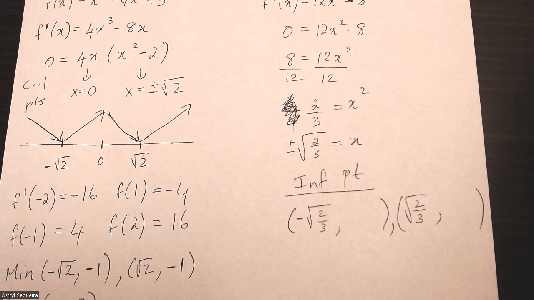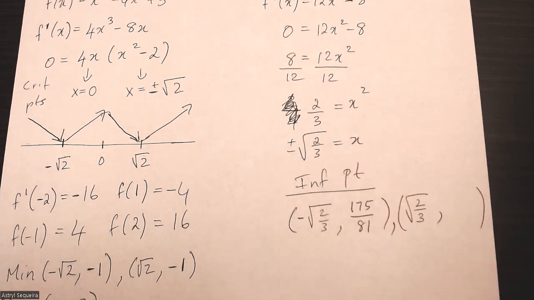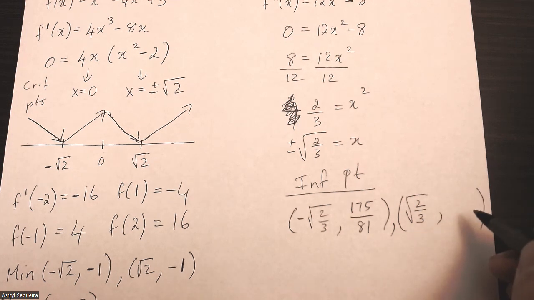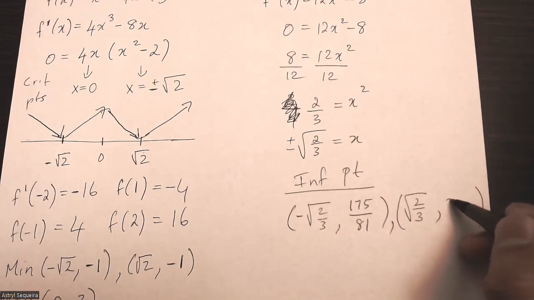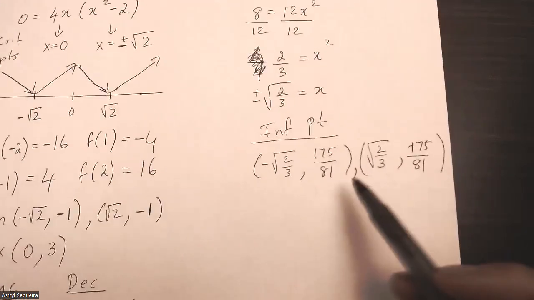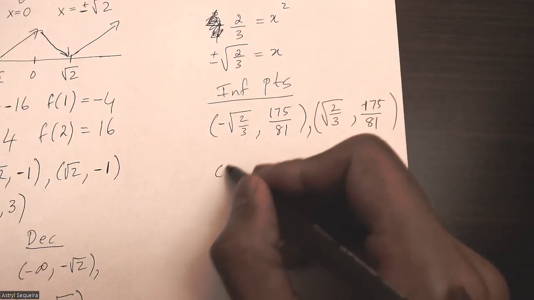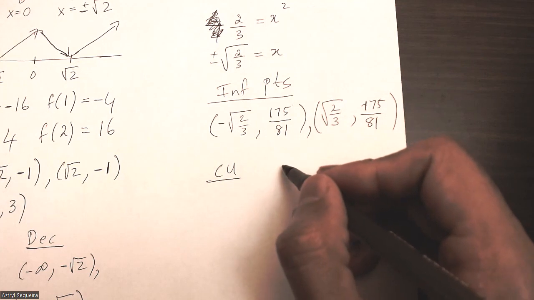And I get 175 over 81. Or if you had to do the decimal value, it would be 2.16. And I get the exact same for this one over here as well. It's 175 over 81.